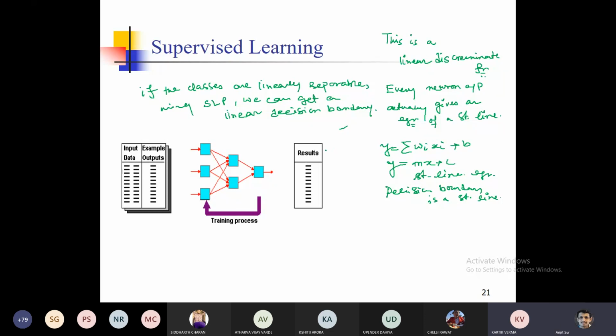So one thing is important here, that what we have discussed is a single layer perceptron.